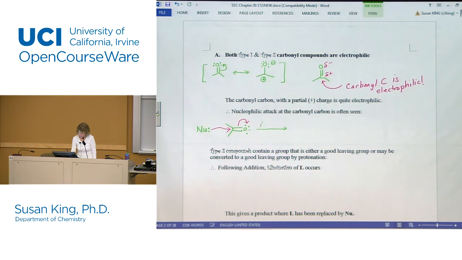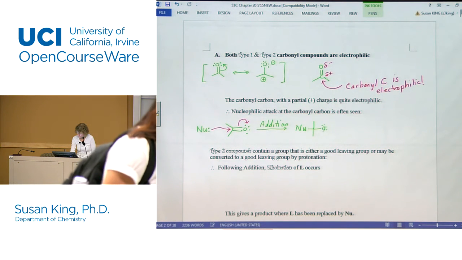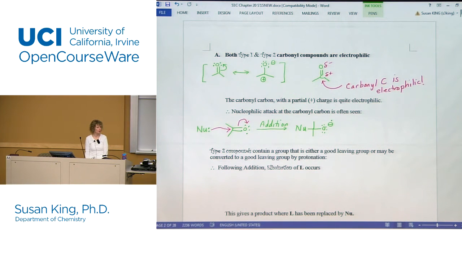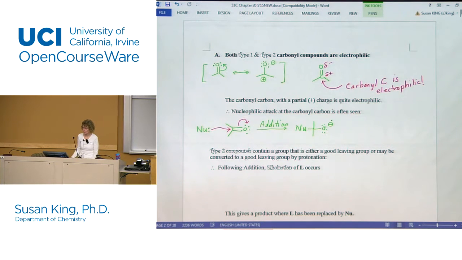This is an addition. So that's the reactivity that we're going to see. And what we're going to do is things like adding a proton source to protonate that oxygen. We'll see that coming up to make alcohols. So we have a new synthesis of alcohols.